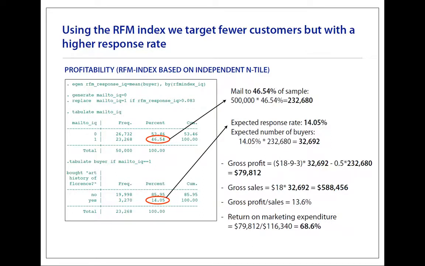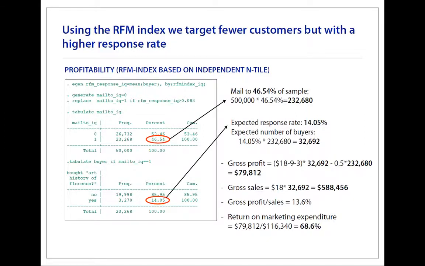So with those numbers in hand, we can calculate the gross profit, and it is $79,812. And next we can calculate the return on marketing expenditure. Here we save a lot of money because we didn't send out this mail to everybody.